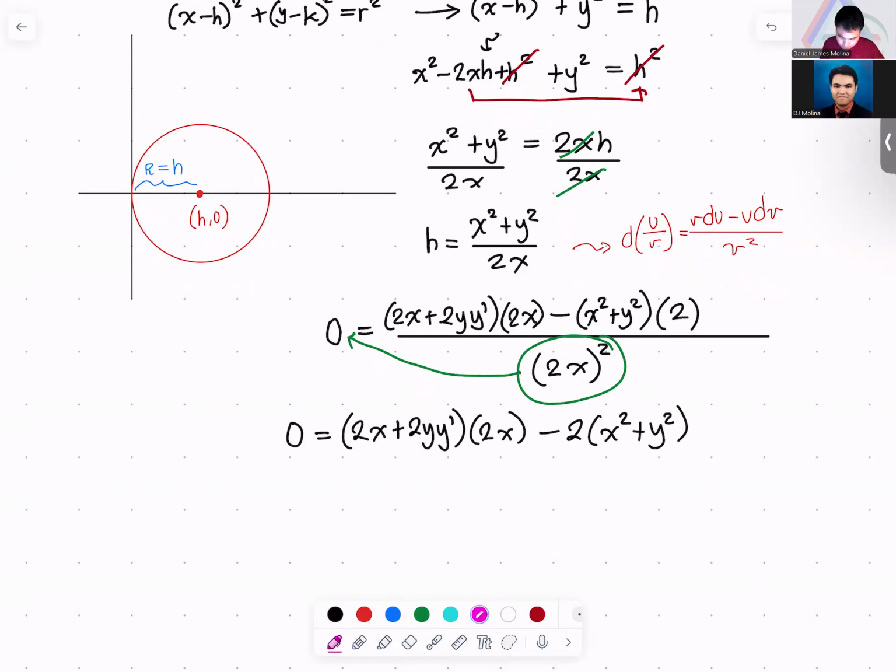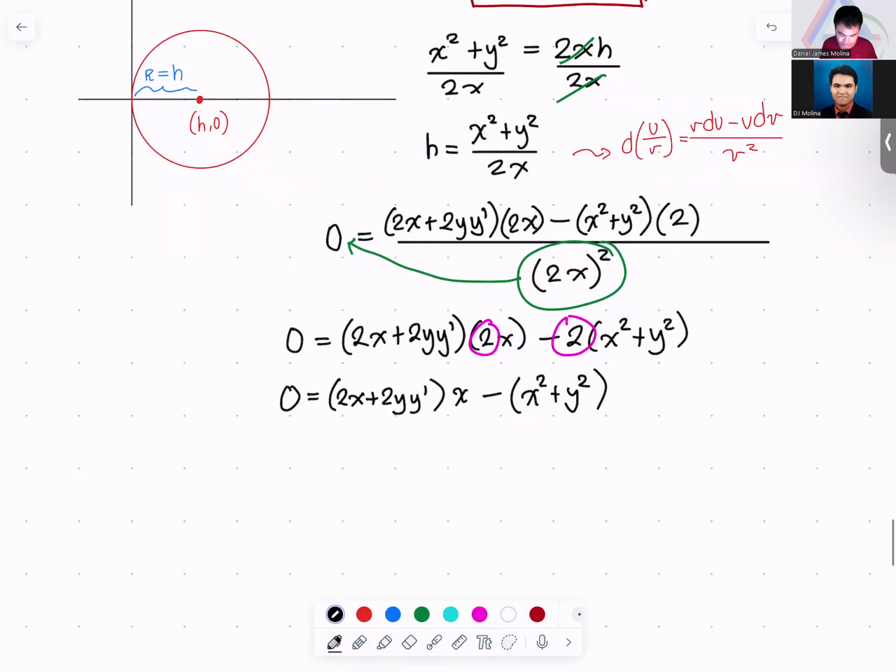Now, as you may notice, we have a common term, which is 2. So by dividing both sides by 2, we have (x + y y') times 2x... sorry, we have here an x, then minus the quantity x^2 + y^2.